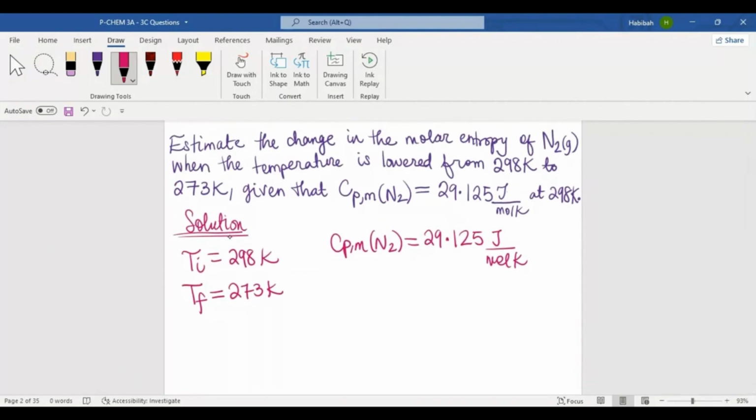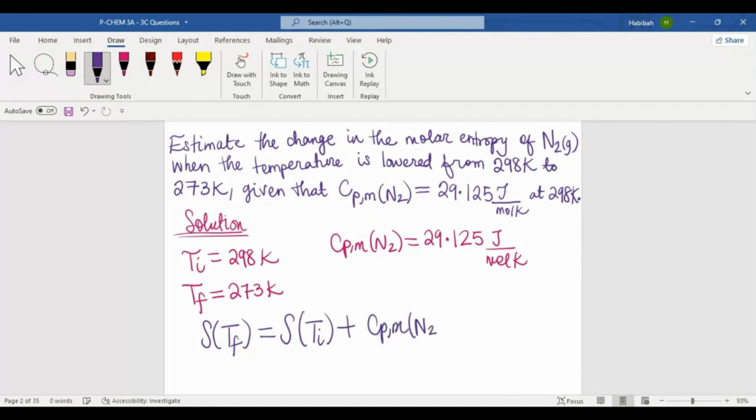Now we have to use our understanding of entropy in physical chemistry to write out the formula we're supposed to use. So we know the formula is the molar entropy at final temperature is equal to the molar entropy at the initial temperature plus the molar heat capacity at constant pressure.